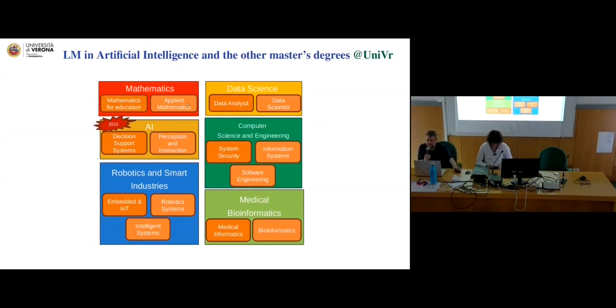This is a strong difference from data science. Data science is more related to how to deal with data, while AI is more related to algorithms, methods. And the difference with robotics and smart industries is that AI is more related to software, while robotics and smart industries is more related to robotic applications, hardware parts, etc.